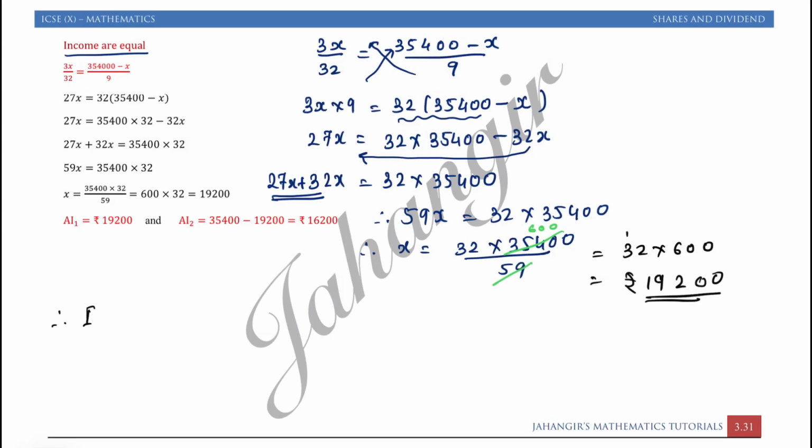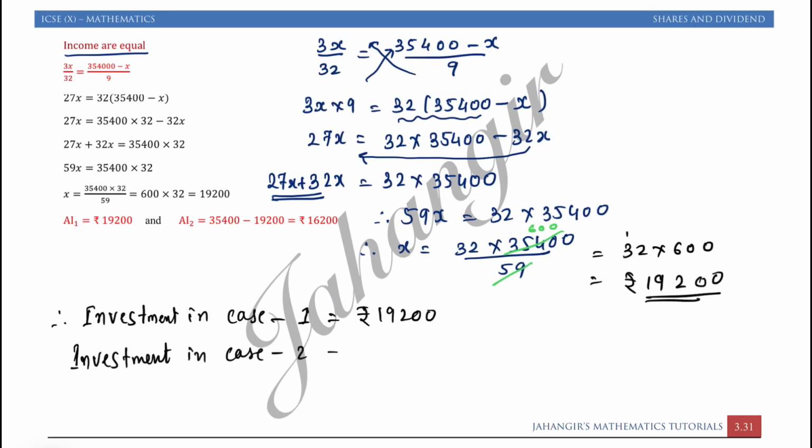Therefore, investment in case 1 is equal to rupees 19,200, and investment in case 2 is 35,400 minus 19,200, that is equal to rupees 16,200.